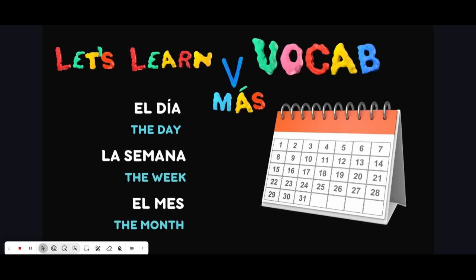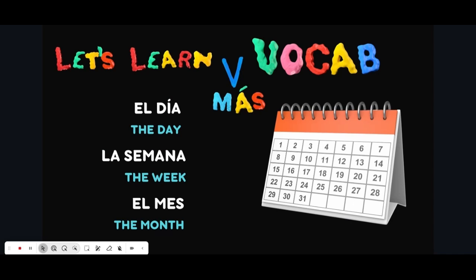But before we learn the song, we have el día. El día is a masculine word. That's why it starts with el rather than la. El día is the day. La semana. La semana is the week. And el mes is the month.